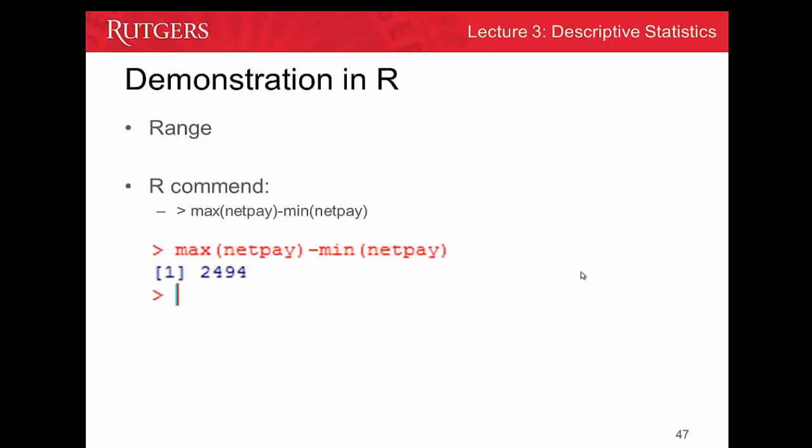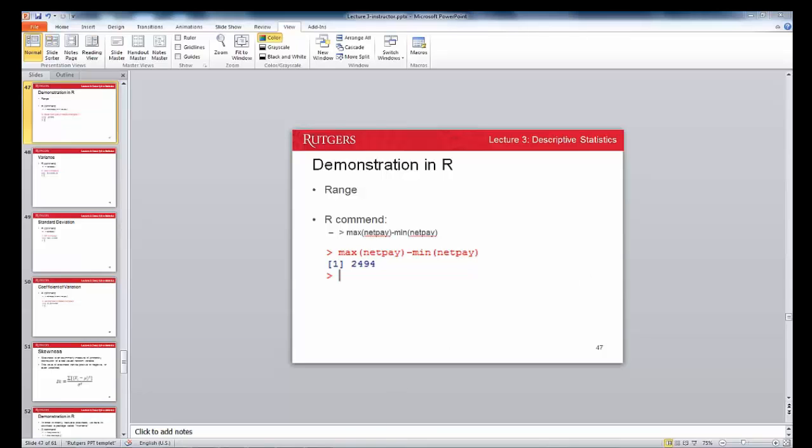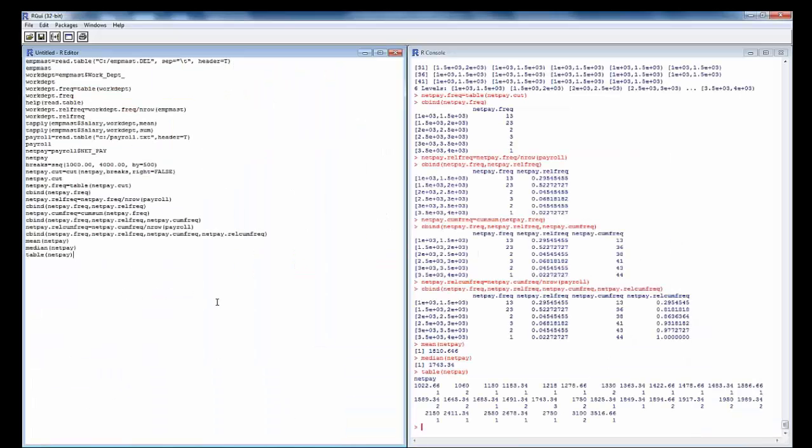Okay, then I'm going to show you how to use R to calculate these measurements of dispersion. Okay, so let's go back to R again. As the first measurement for dispersion is range, we're going to calculate range first.